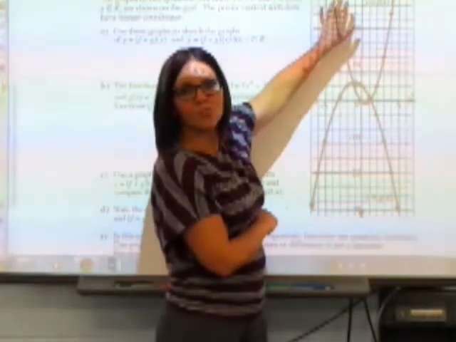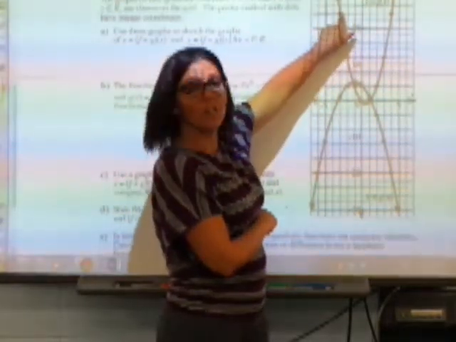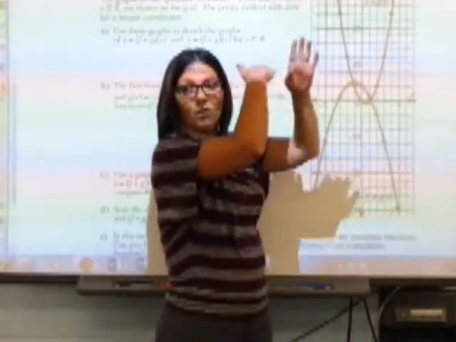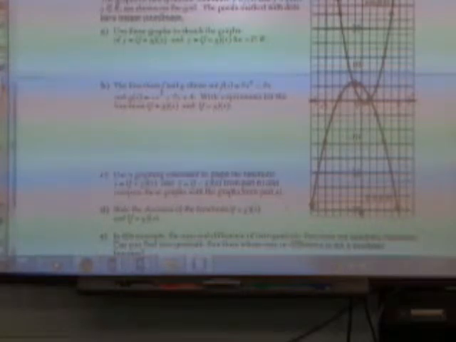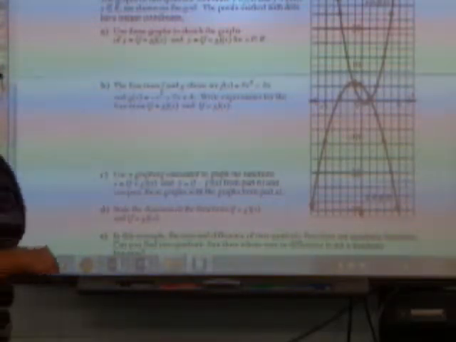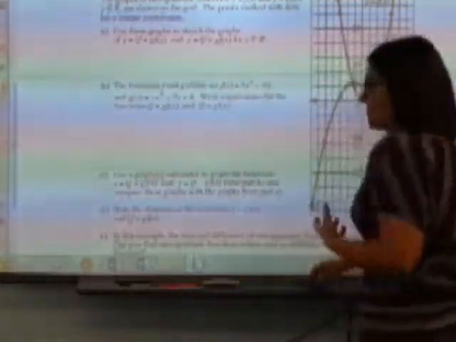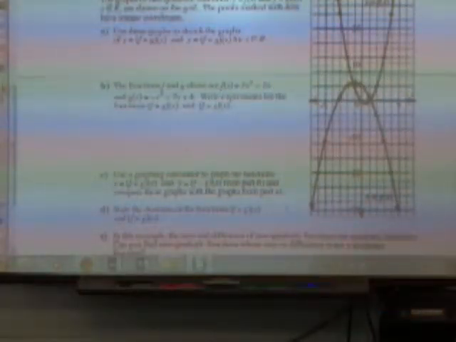So it's just to reassure you that this point lies on the cross section of the grid. So use these graphs to sketch the graphs of f plus g of x and f minus g of x. I'll work through f plus g of x with you together, and then the other one you'll do by yourself.